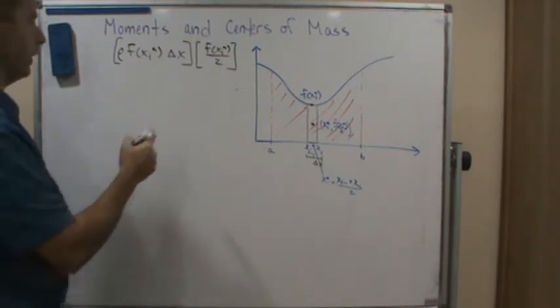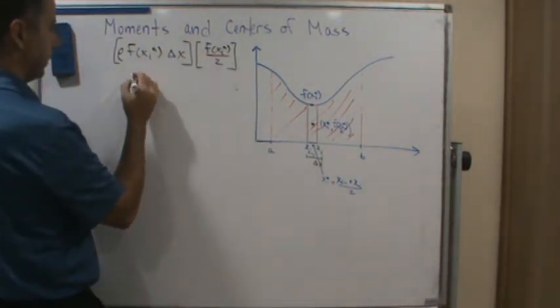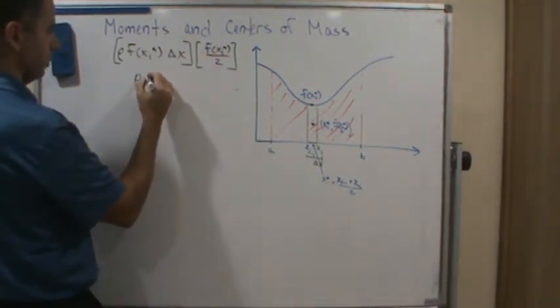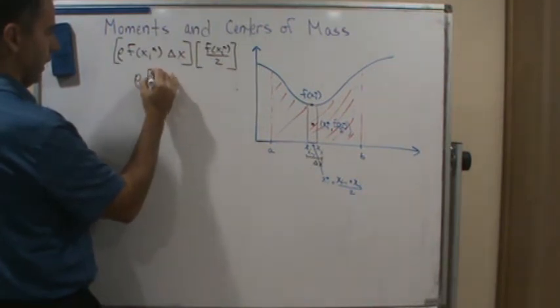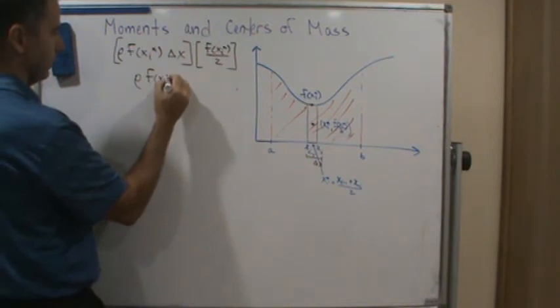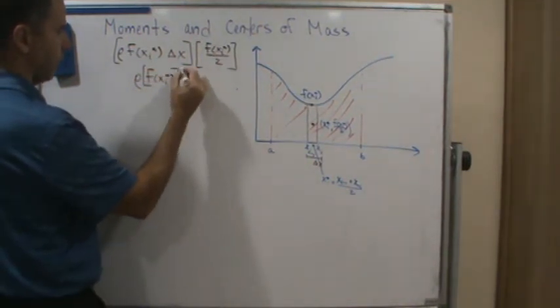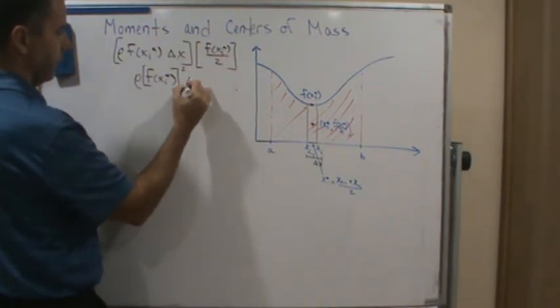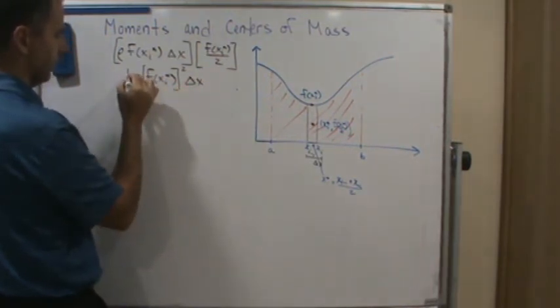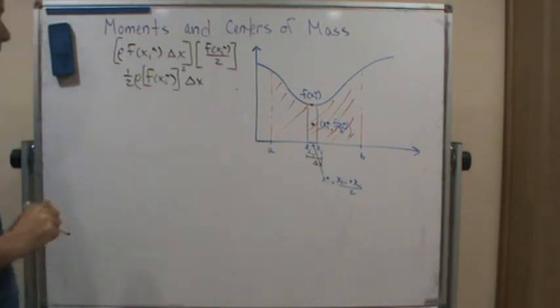And so if we combine these, what do we get? We get rho times f of x sub I star quantity squared times delta x, and we get a 1/2.